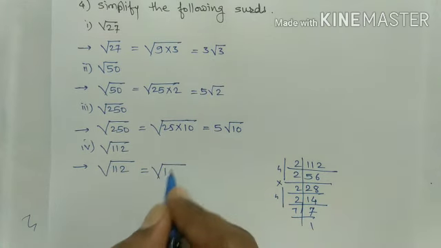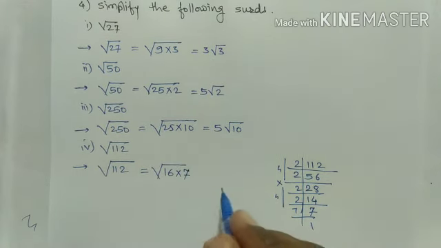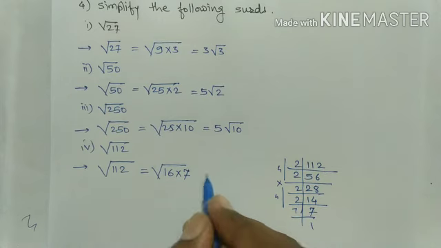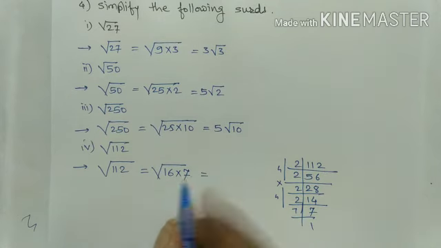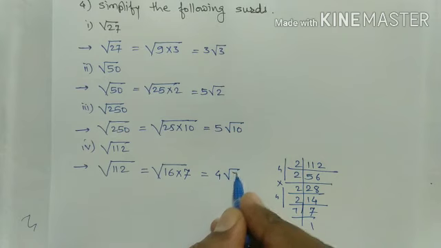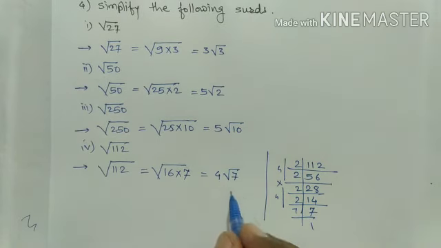So we write 16 into 7, that equals 4√7, since the square root of 16 is 4. This is the simplest form.